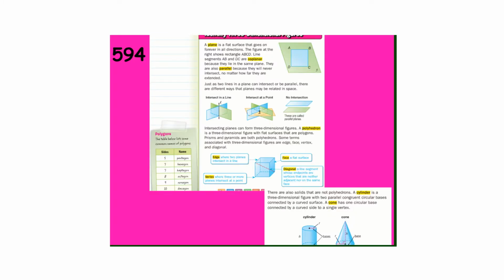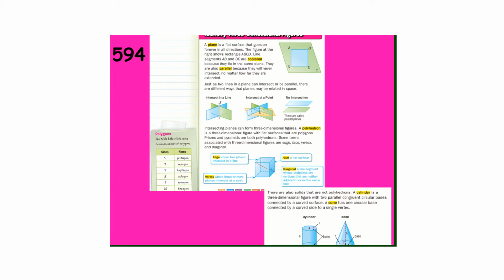Page 594, a plane. A plane is a flat surface that goes on forever in all directions. It's like a piece of paper, you might say, that goes on forever in all directions. Flat surface. The figure at the right shows a rectangle, the blue rectangle, ABCD.